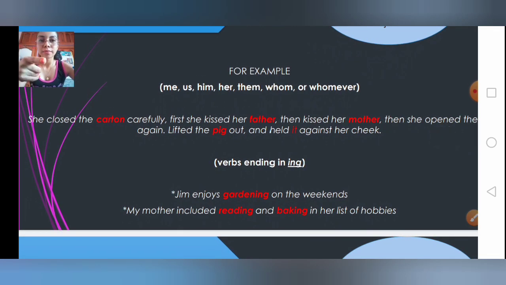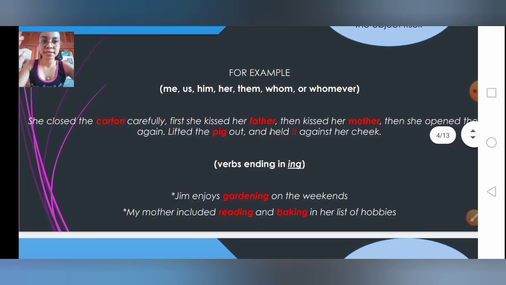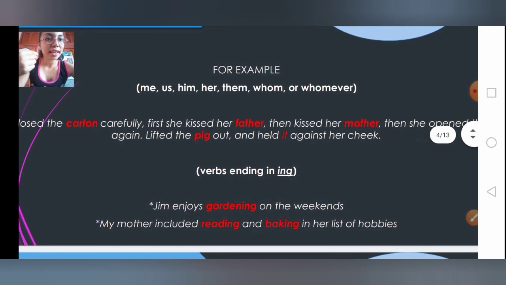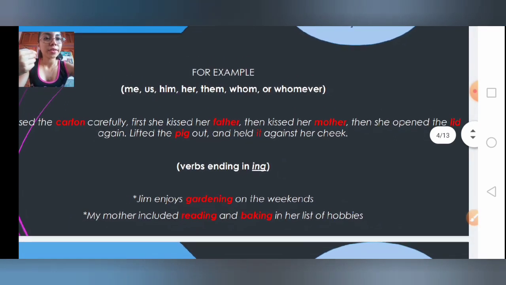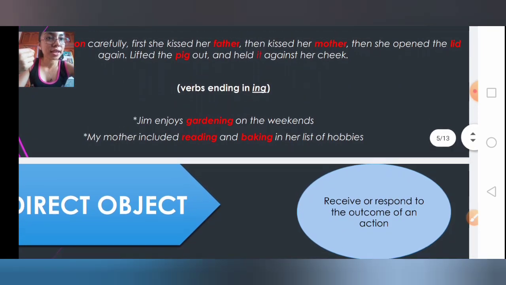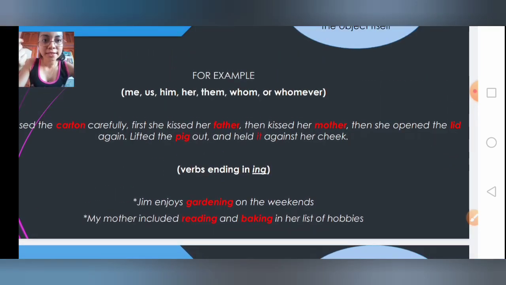An example: she closed the carton carefully. First, she kissed her father, then kissed her mother, then she opened the lid again, lifted the pig out, and held it against her cheek.